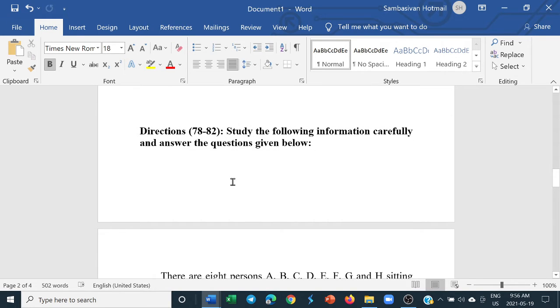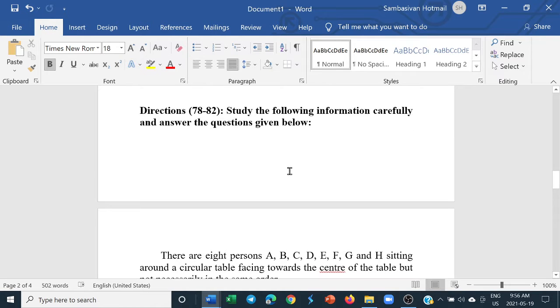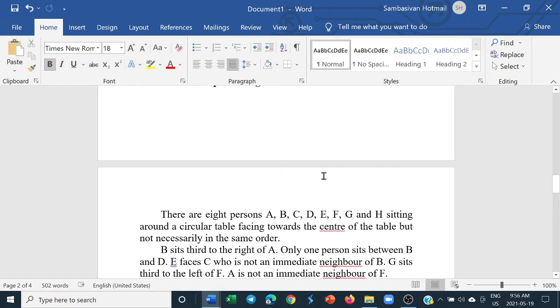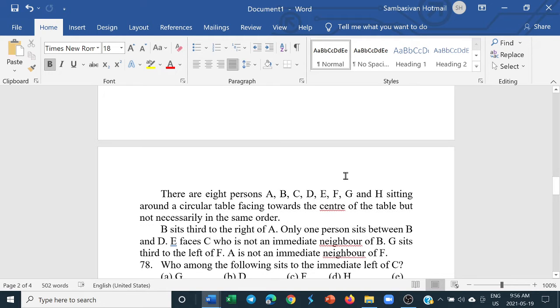Direction 78 to 82. Study the following information carefully and answer the questions given below. There are 8 persons A, B, C, D, E, F, G and H sitting around a circular table facing towards the center of the table, but not necessarily in the same order.